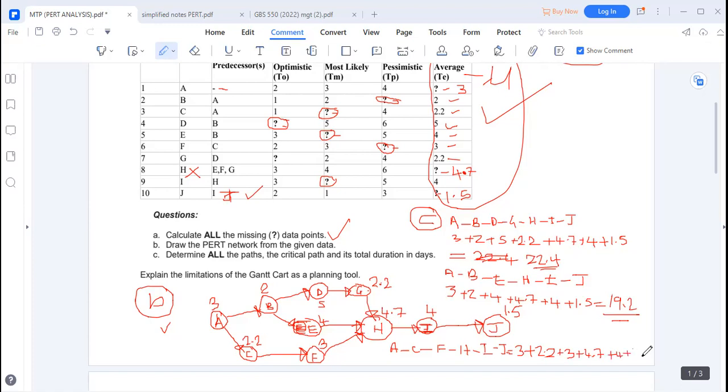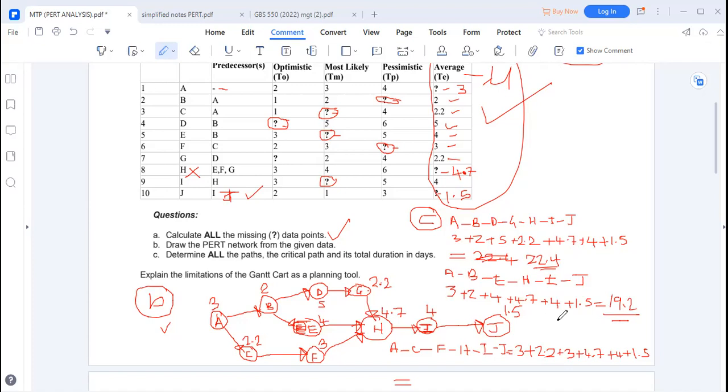So here you can find the value that we are getting. For this one, it will give us the value where we are going to say 3 plus 2.2 plus 3 plus 4.7 plus 4 plus 1.5.